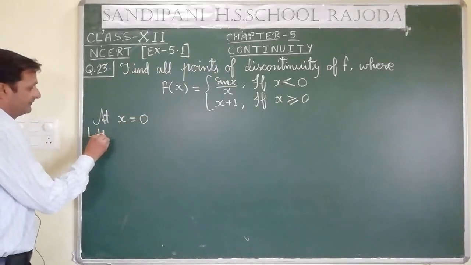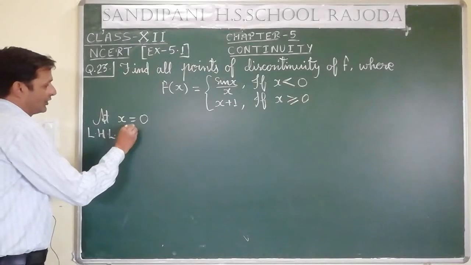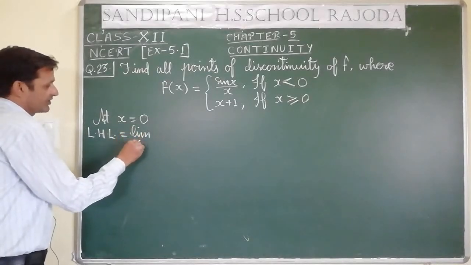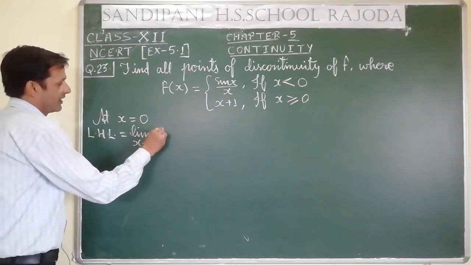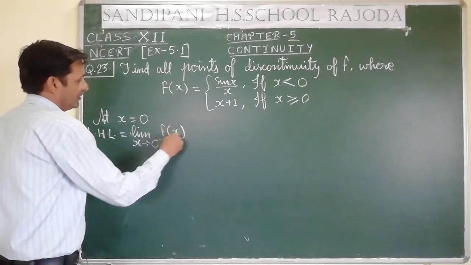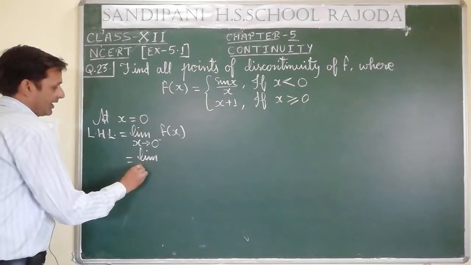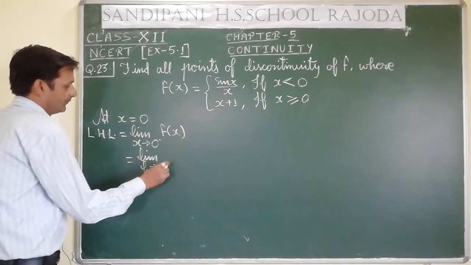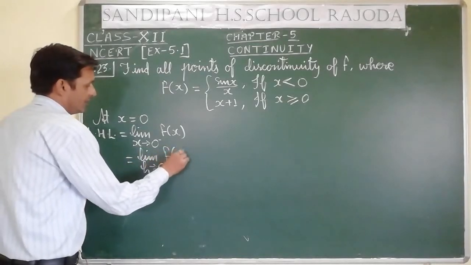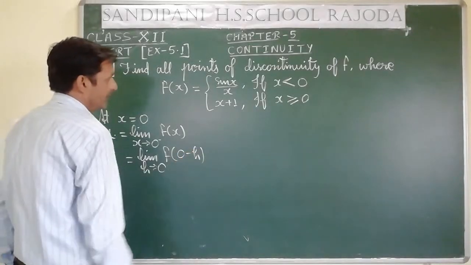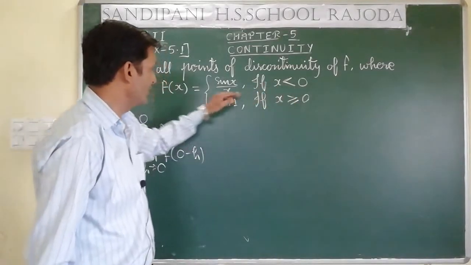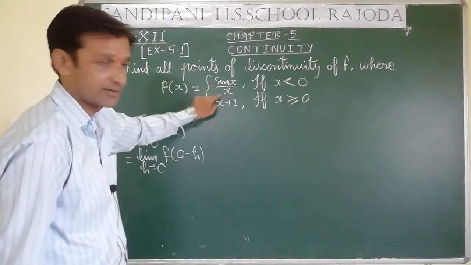Left hand limit, that is equal to limit x tends to 0 minus f of x. This will be equal to limit h tends to 0 f of 0 minus h, means for less than 0 function is this sin x upon x.